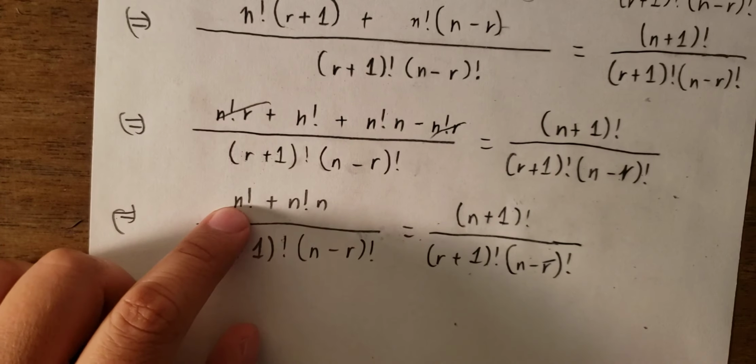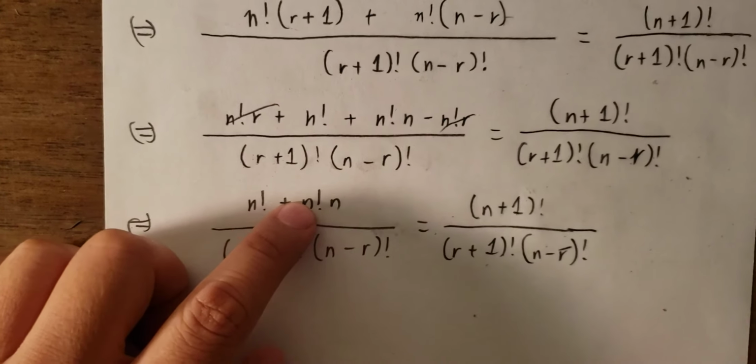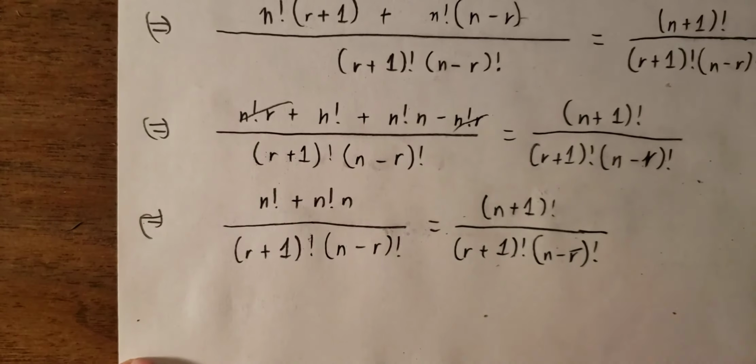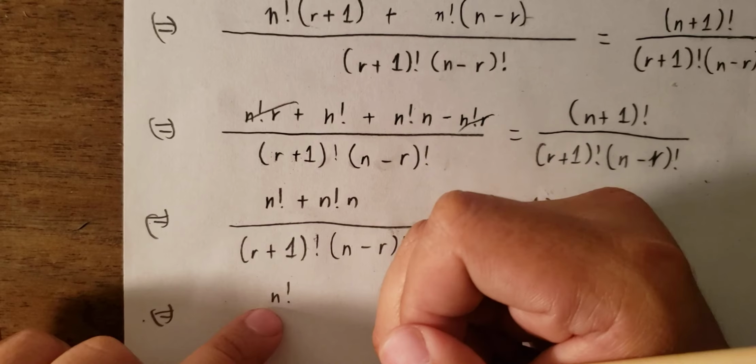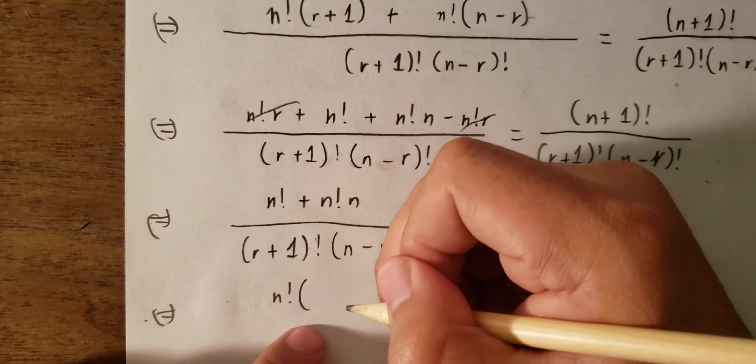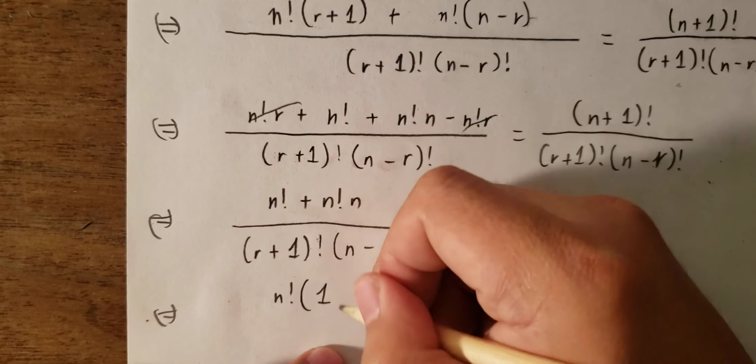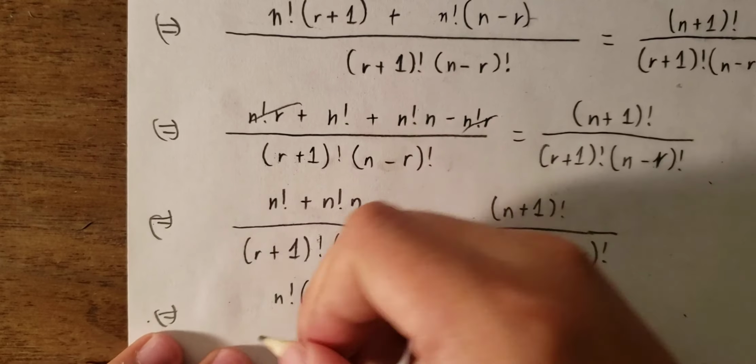So we have n factorial and n factorial. We have to factor them out. So you get n factorial, open the brackets. We have 1 plus n here.